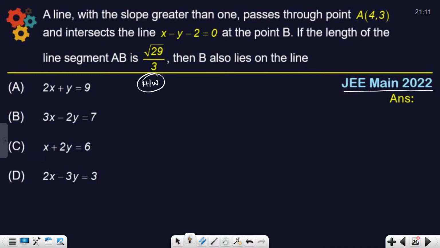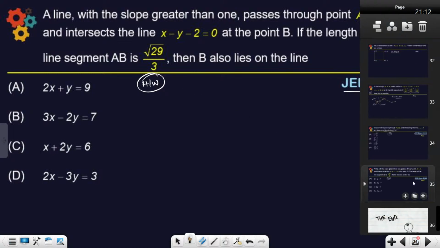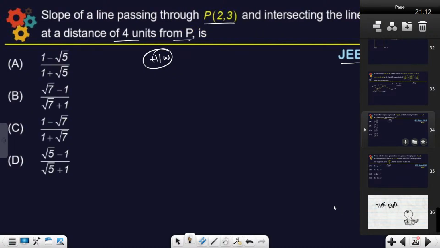Same kind of simple sum. If you have understood the logic of the parametric form, if you know where to use the parametric form of a straight line, it will be easier for us to solve this kind of problem. So this sum will also be your homework. These sums will be your homework for tomorrow. Okay? What are those sums?